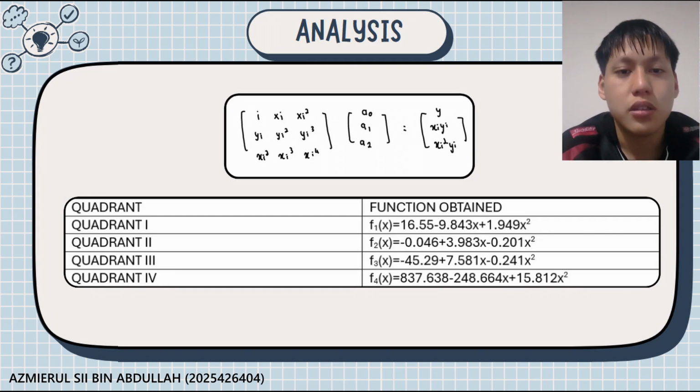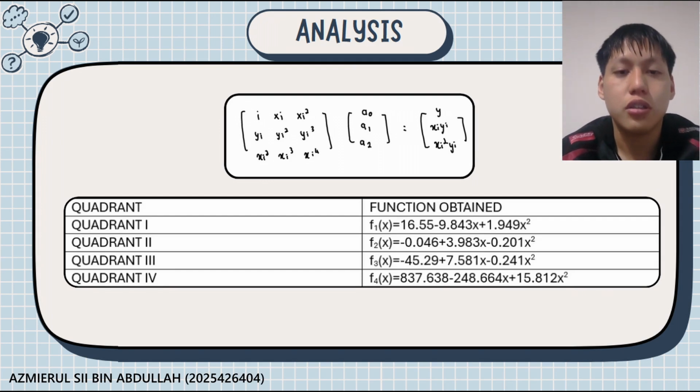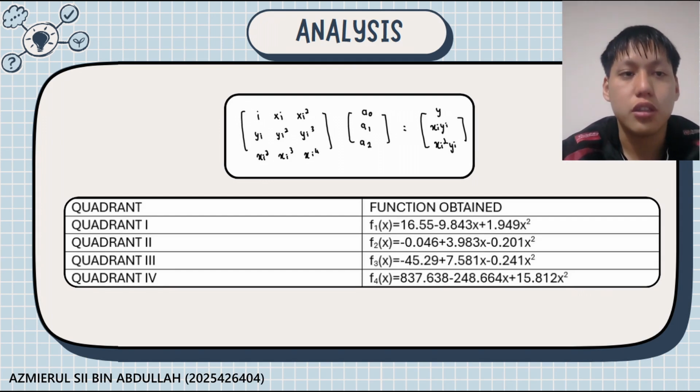This slide shows the beginning of the least squares we use by fitting a polynomial to get the quadratic function. The picture above is the matrix method, where i is the number of the plots in the quadrant, sum of x is the sum of the x values we got from the x axis, and sum of y is the sum of the y values we got from the y axis.